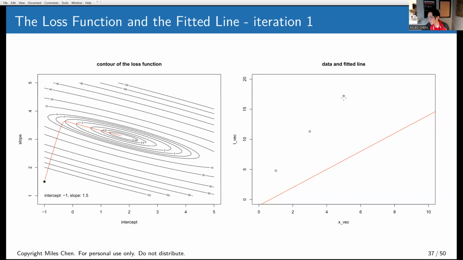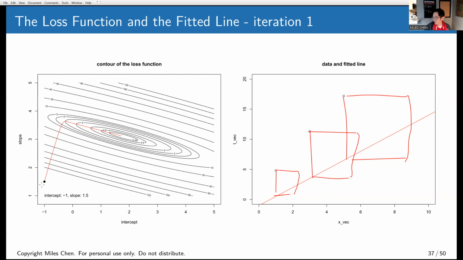Right now, if I plot a line with slope 1.5 and intercept -1, this is what it looks like. Our residuals are really big, so we've got a huge amount of residual here. Our squared residuals are these big squares, and we are way out here.